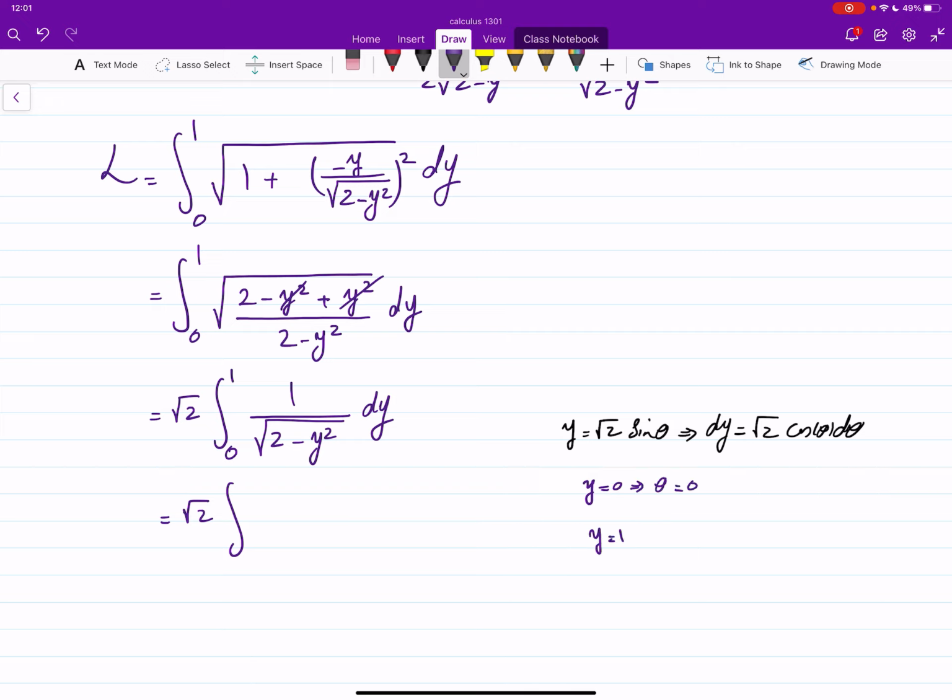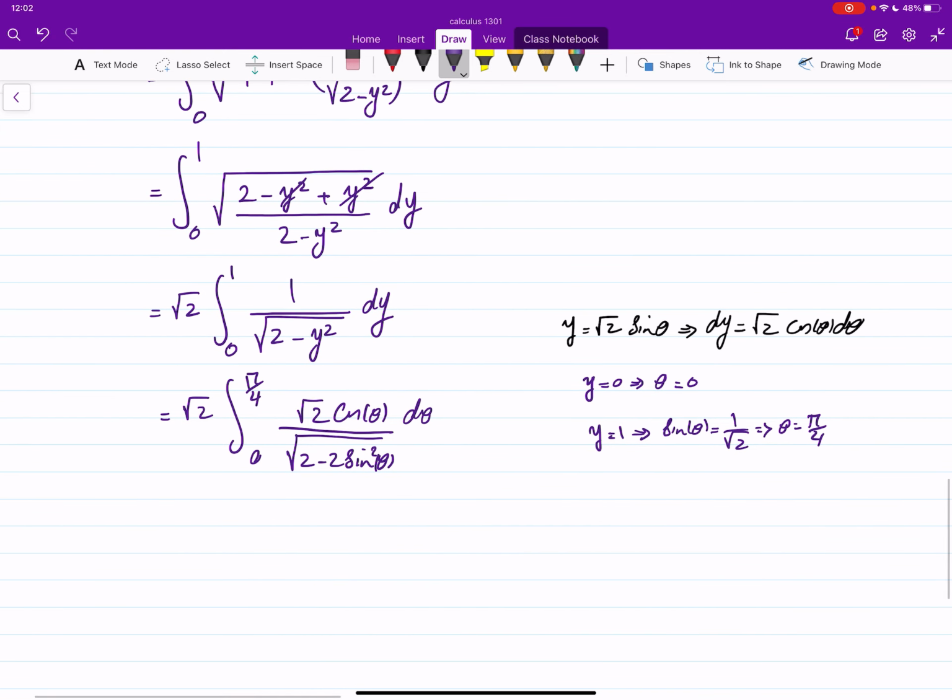Y is 1 will imply that sine theta is 1 over root 2, which is theta is pi over 4. So this will be from 0 to pi over 4, root 2 cosine theta d theta over 2 minus 2 sine squared theta.